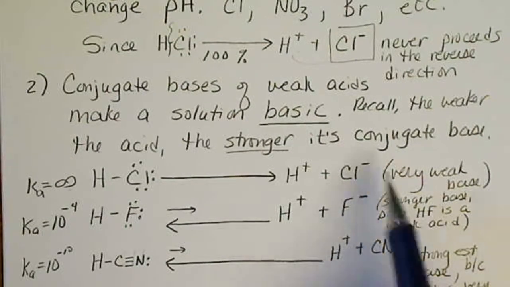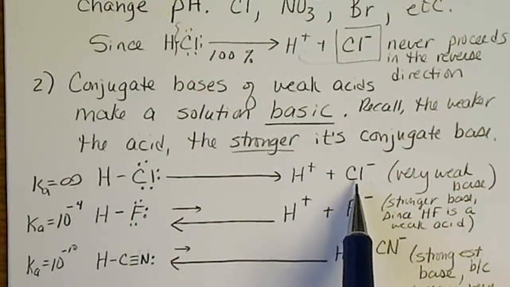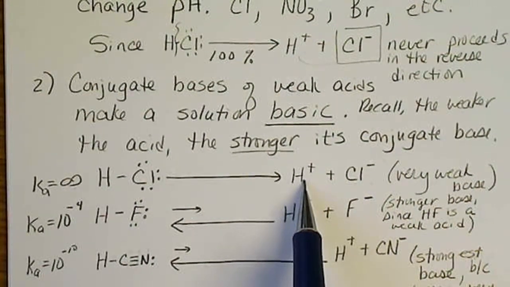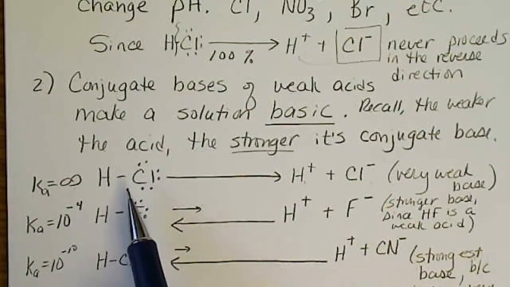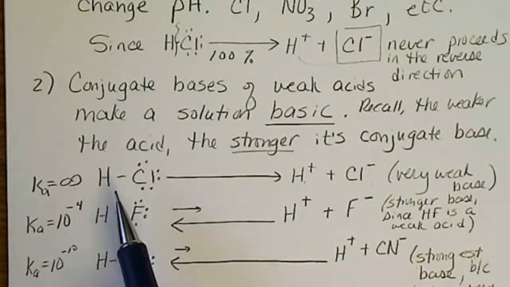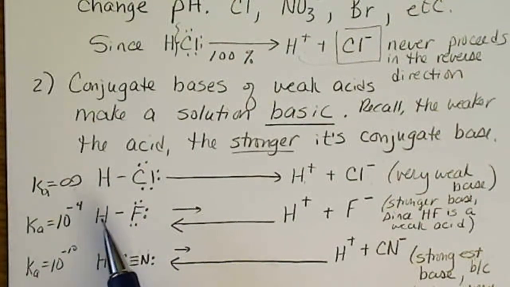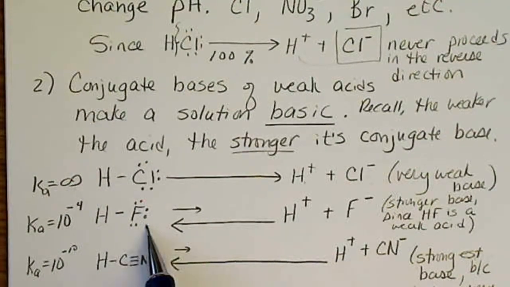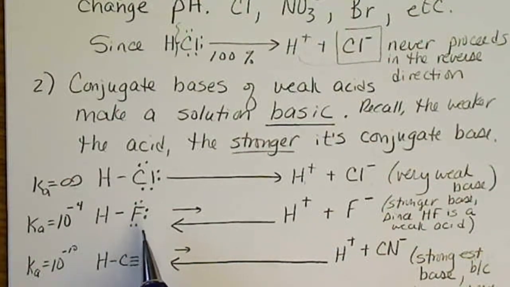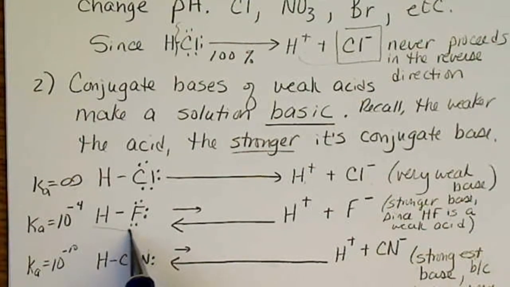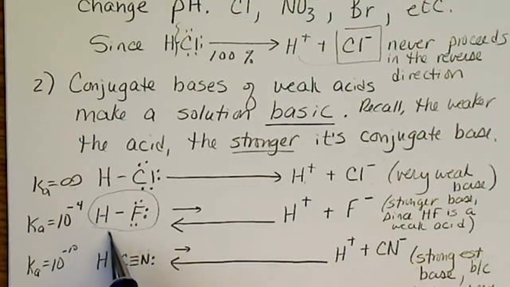That's why it will have no effect on the pH. Chloride is very happy like it is, and it's never going to react with a proton, either from water or anything else, to form the intact HCl molecule. If we look at a weak acid, hydrofluoric acid, its Ka value is approximately 10 to the minus 4. That means most of this molecule stays intact.